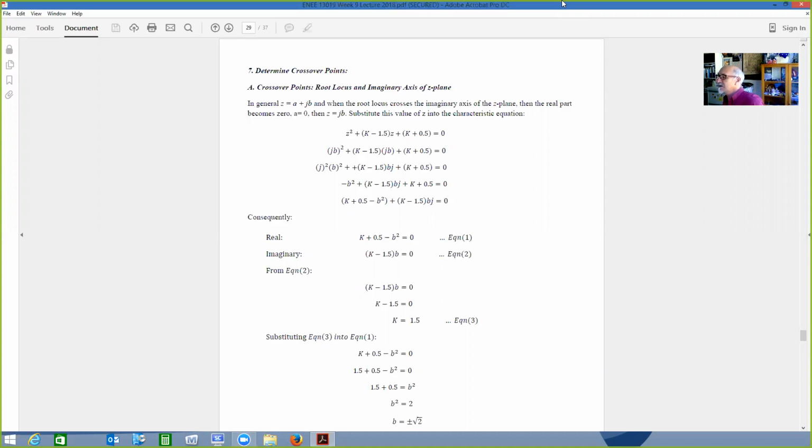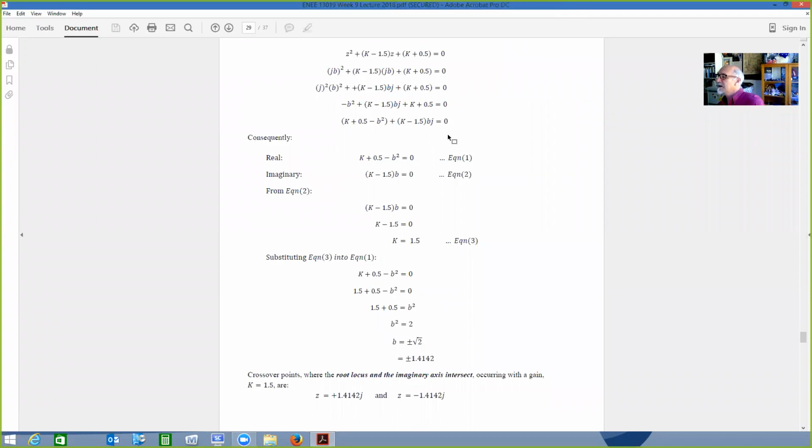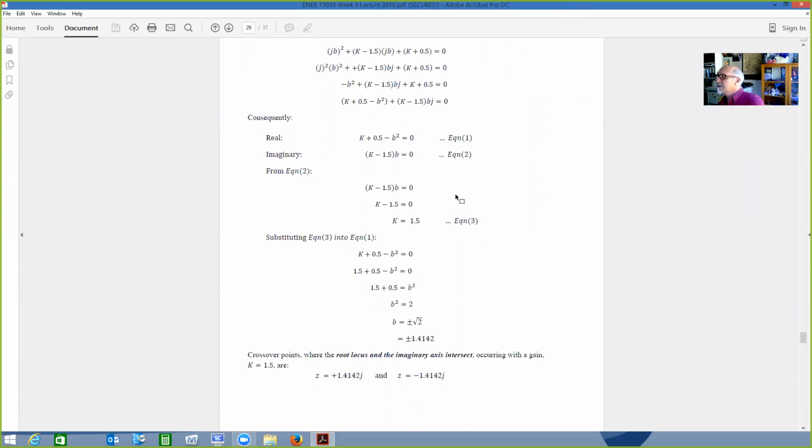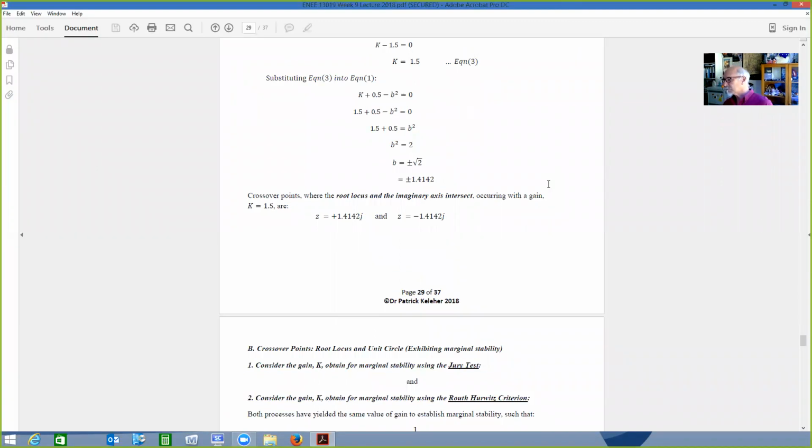Substitute this value, and then if you concentrate on the real parts and the imaginary parts, you can solve to find your K value, and also solve your B value. So ultimately you can find out what the form of that particular point is, where the root locus is crossing the imaginary axis. So in this case, the crossover points where the root locus and the imaginary axis intersect occur with a gain of K equals 1.5, and there's our two values that we've been able to calculate.